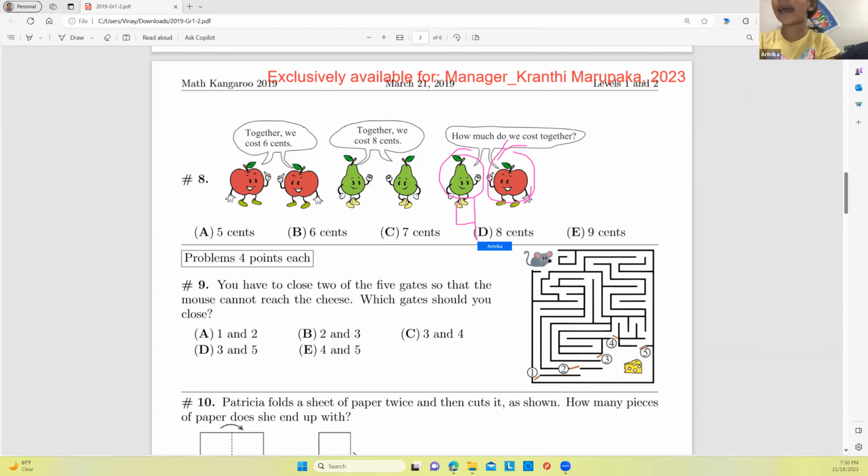And then the apple would be 3 cents. So 4 plus 3 equals 7.